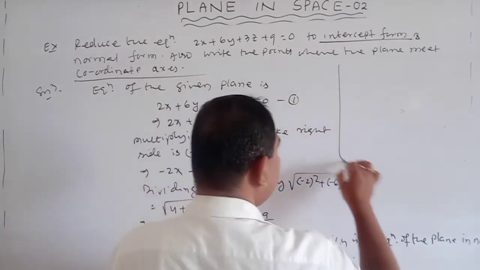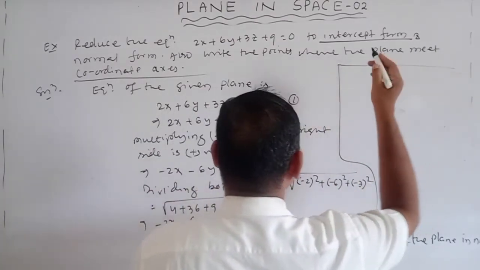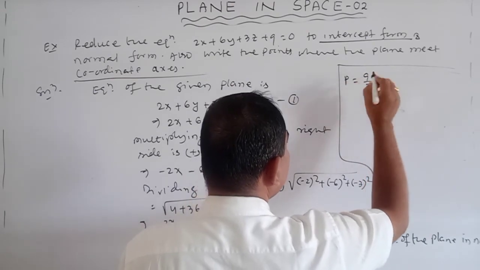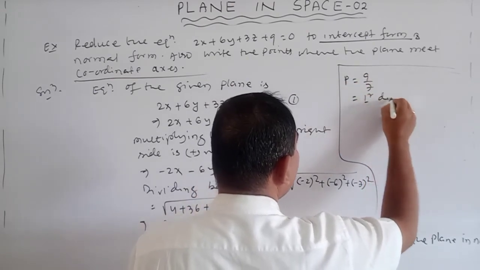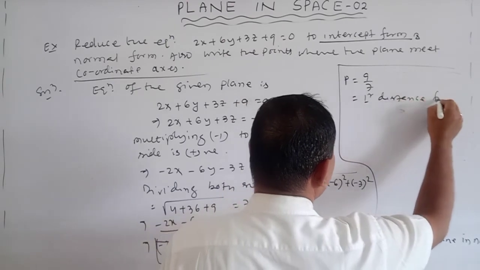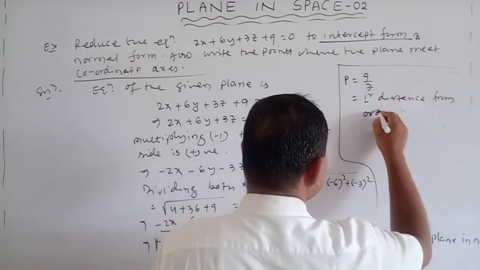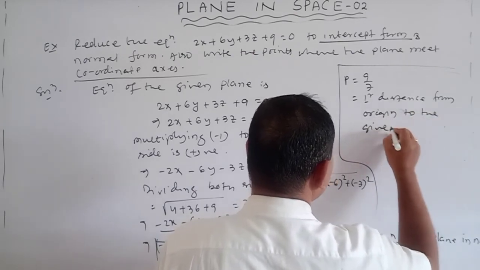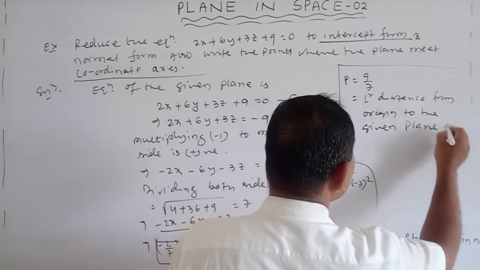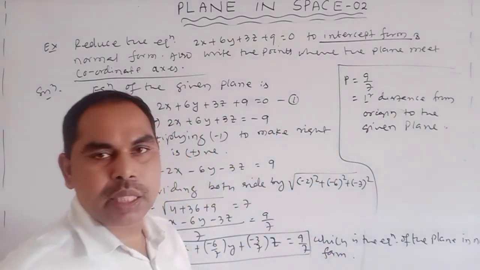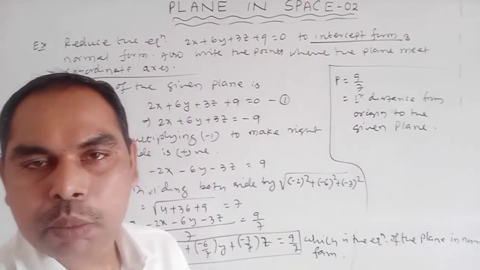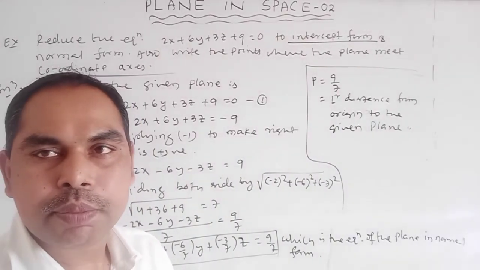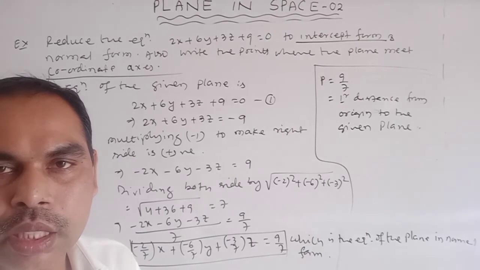What is p? p is equal to 9 by 7, which is the perpendicular distance from the origin to the given plane. Okay?